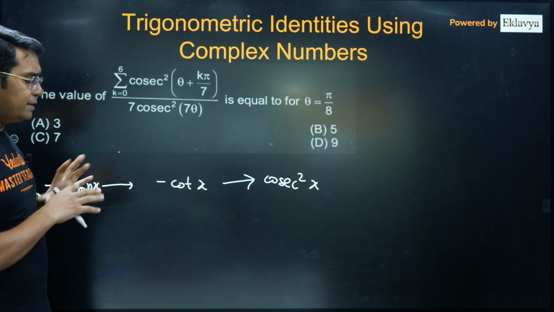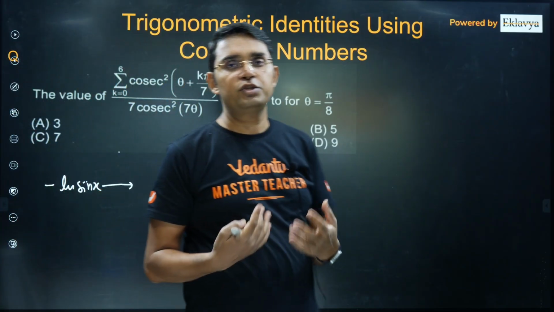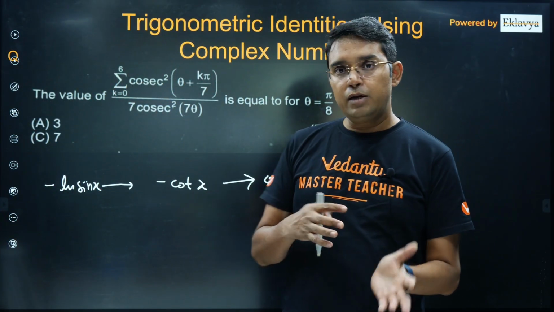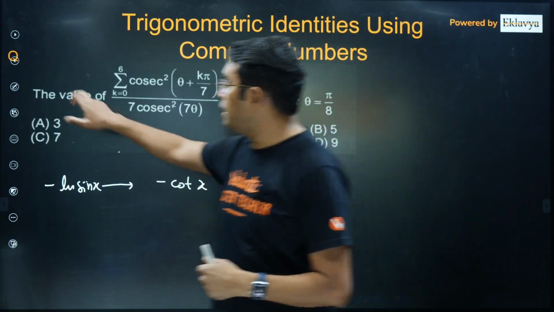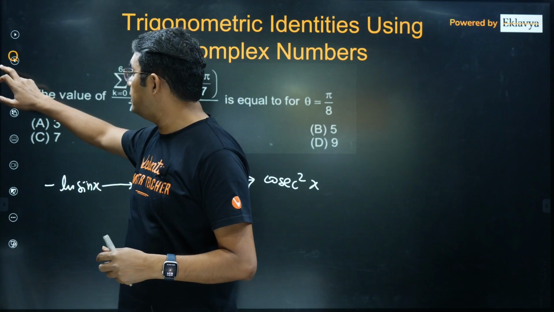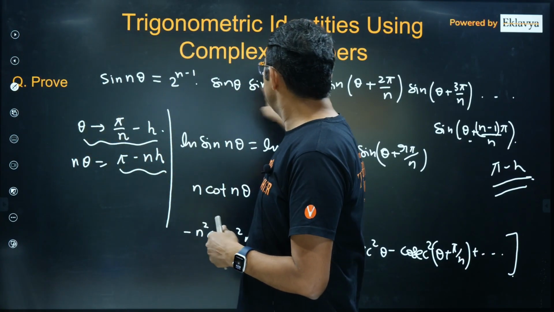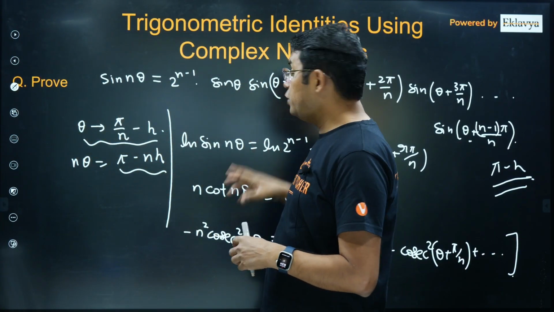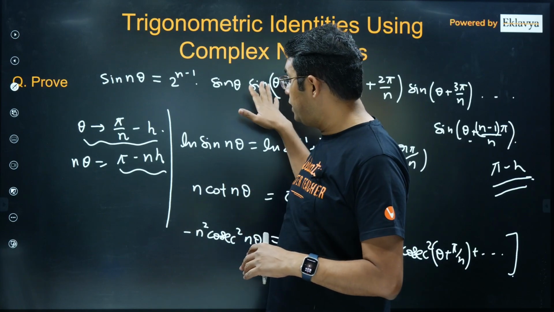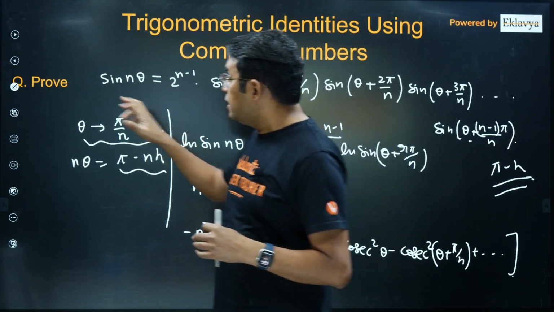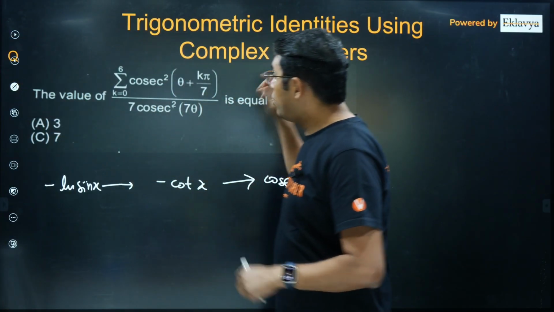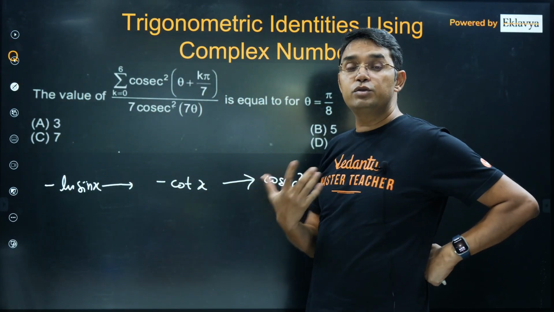Okay. It is just one example of how questions are created. You can get questions from anywhere. Now this question will become very easy if you know how this result is coming. You may not remember it, but if you know how it is coming, the idea for this question could have been, think of where cosecant square is coming.